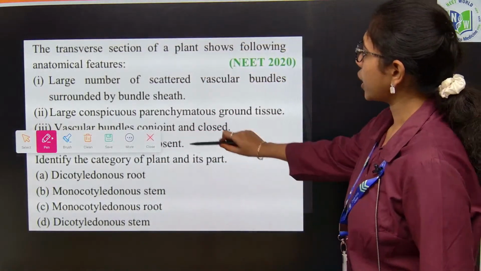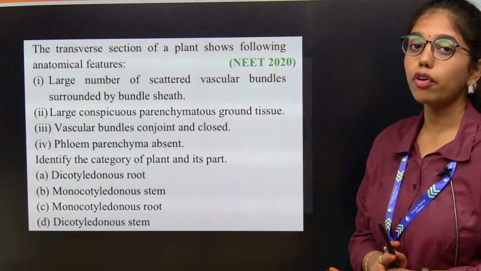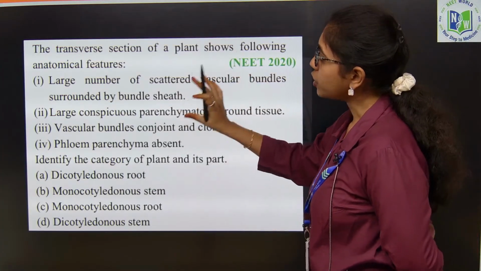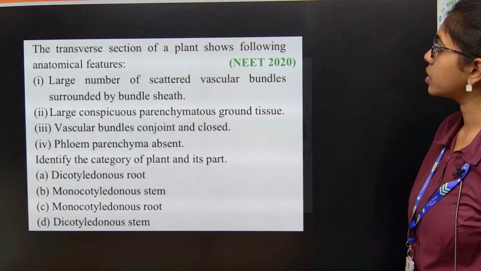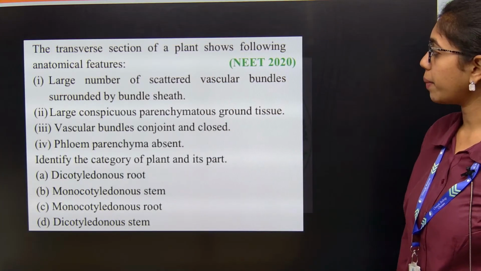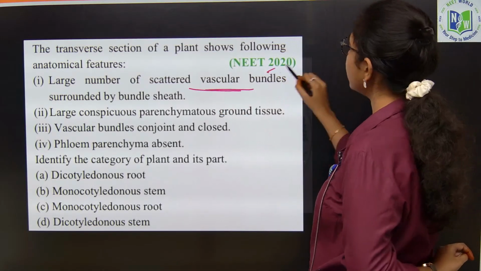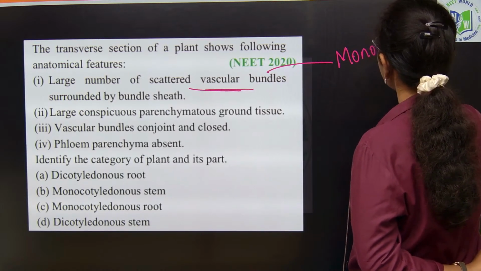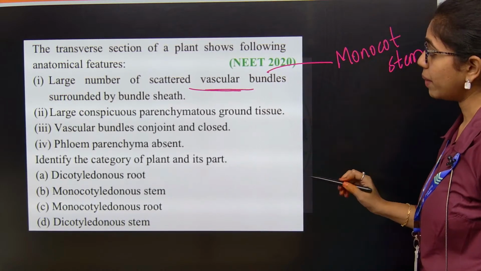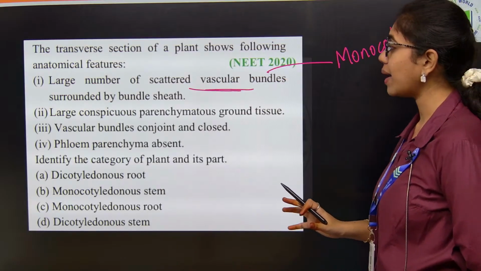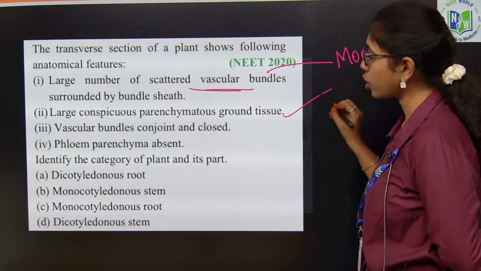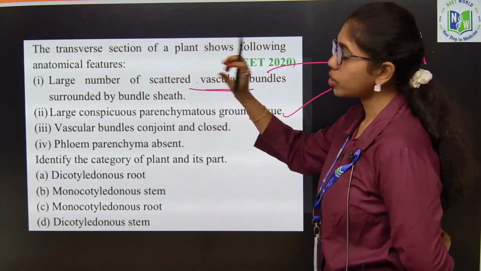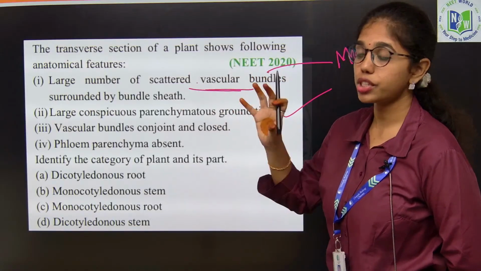The transverse section of a plant shows the following anatomical features. If you see a large number of scattered vascular bundles surrounded by bundle sheath, immediately you will recall monocot stem. Second statement, large conspicuous parenchymatous ground tissue, that is general cortex, inside which the vascular bundles are present, schizolysigenous in origin.